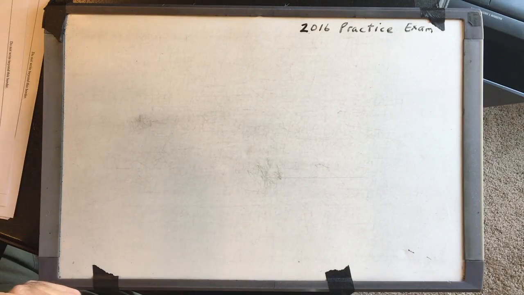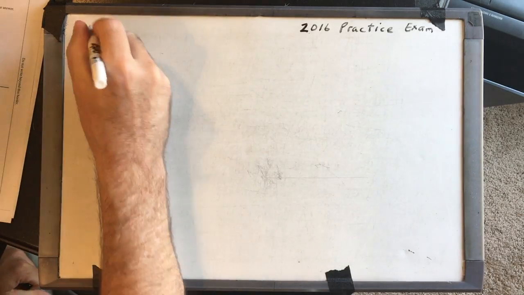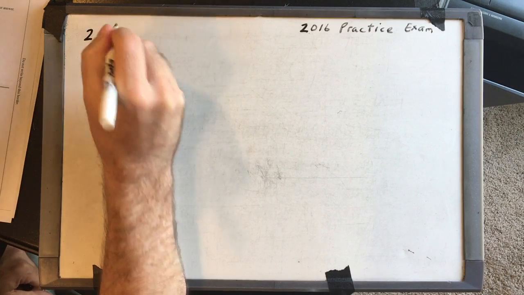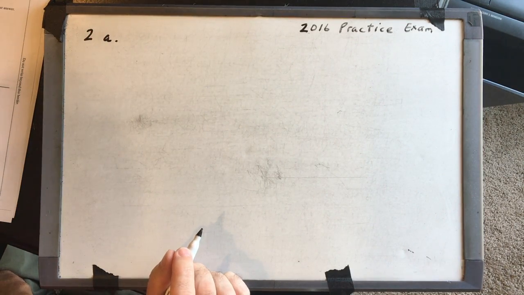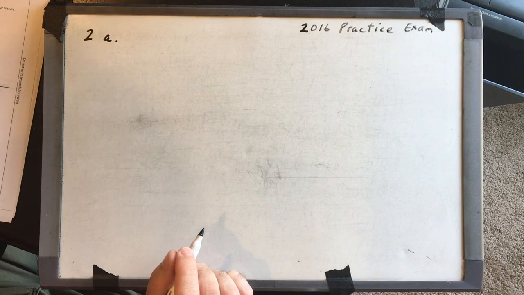All right, part A says in the interval 0 to 5, when is the velocity of particle Q increasing? And we need to give a reason for our answer.